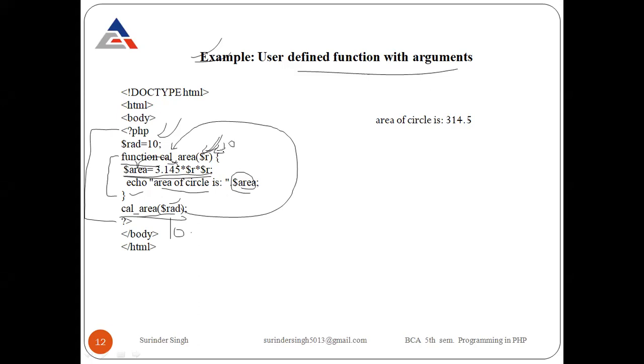Now the r variable has value 10, and after calculating, the output will be this. Radius has value 10, this value is passed to the r variable, and now r has value 10. Clear? Is the example clear to all of you?